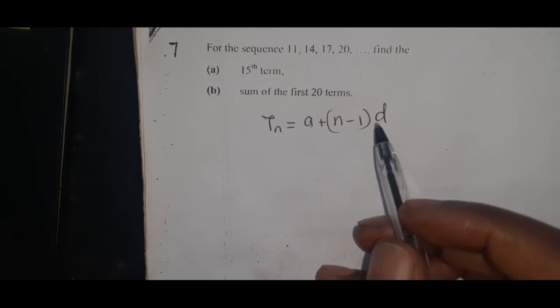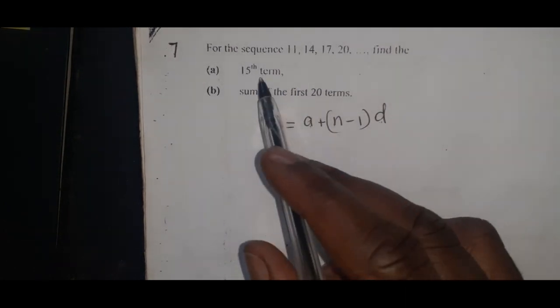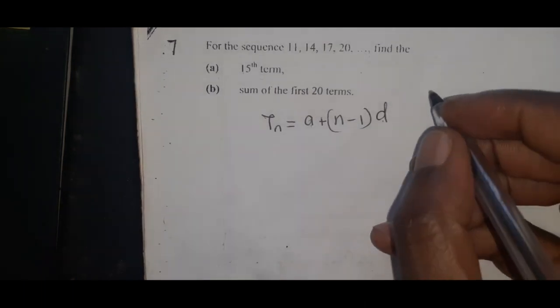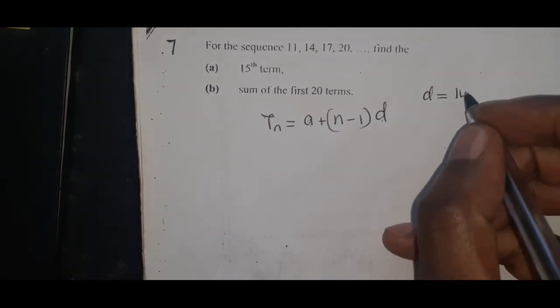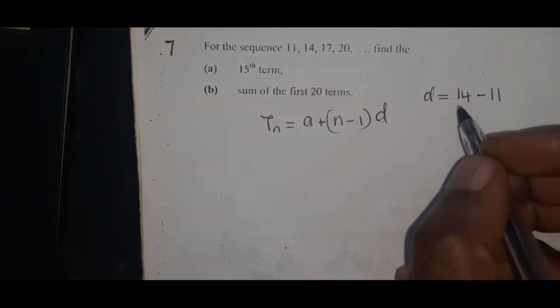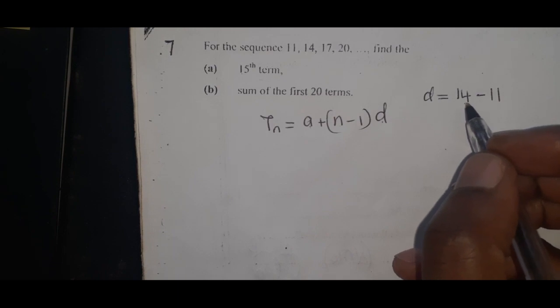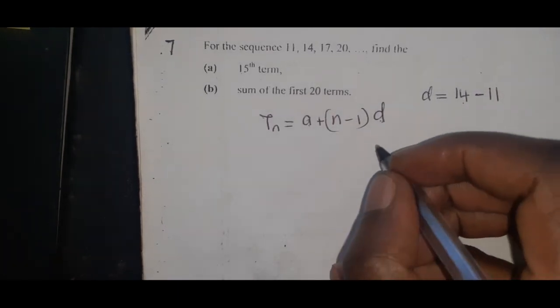This is the first term, this is the common difference, n is 15. So common difference, which is d, how do we work it out? Second term minus first term. So when we subtract here, what do we get? We get 3, isn't it? So our d is 3.